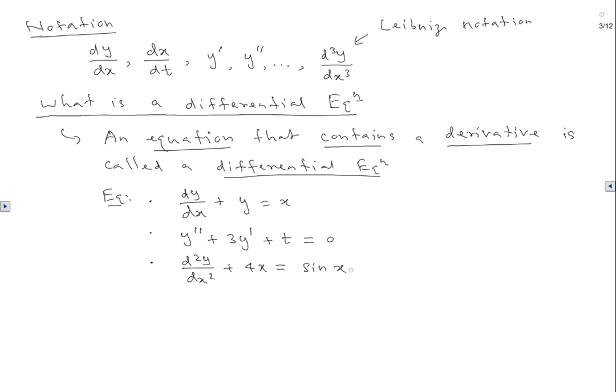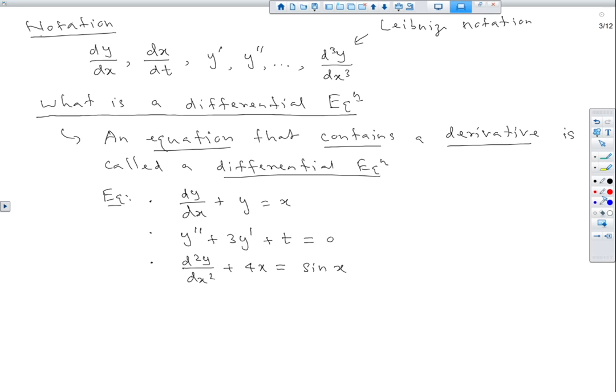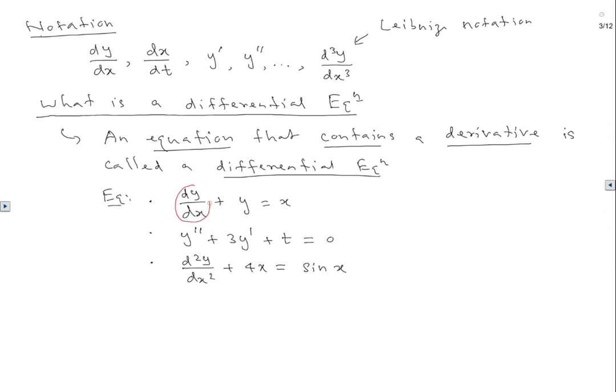The last one is also a differential equation because there's a derivative and an equal sign, and there's a second derivative there.